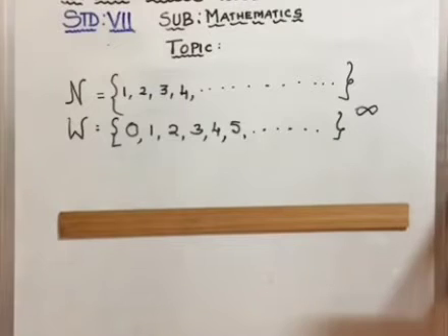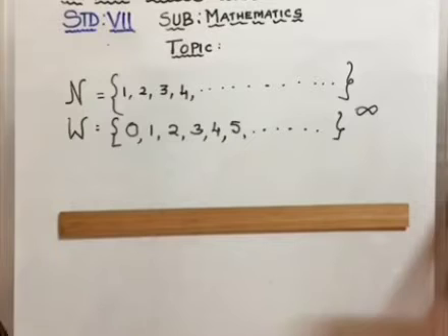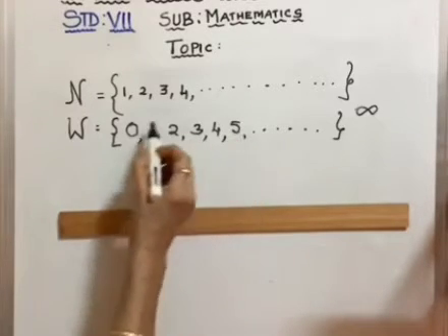The next type of numbers that you all learnt in 6th standard, I'm sure many of you must have guessed already. I'll give a small hint: that set contains whole numbers and negatives of all the natural numbers.